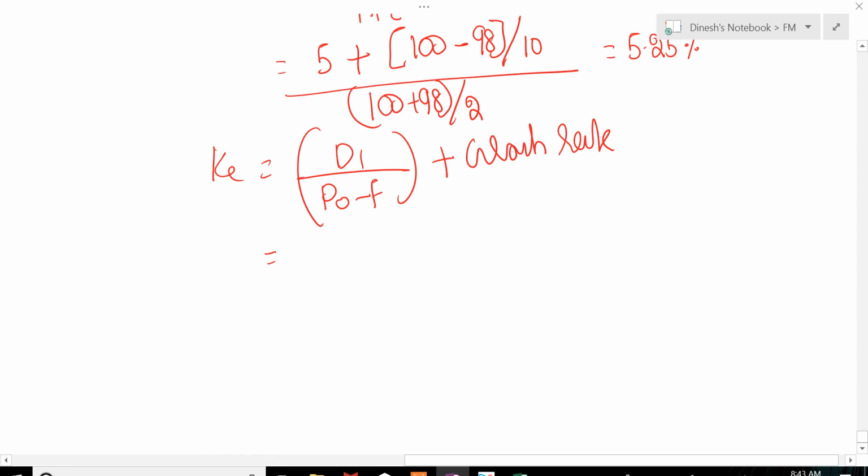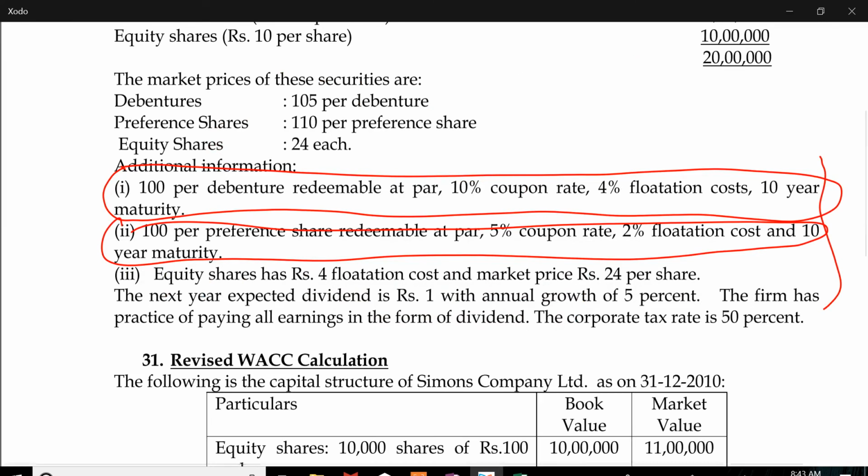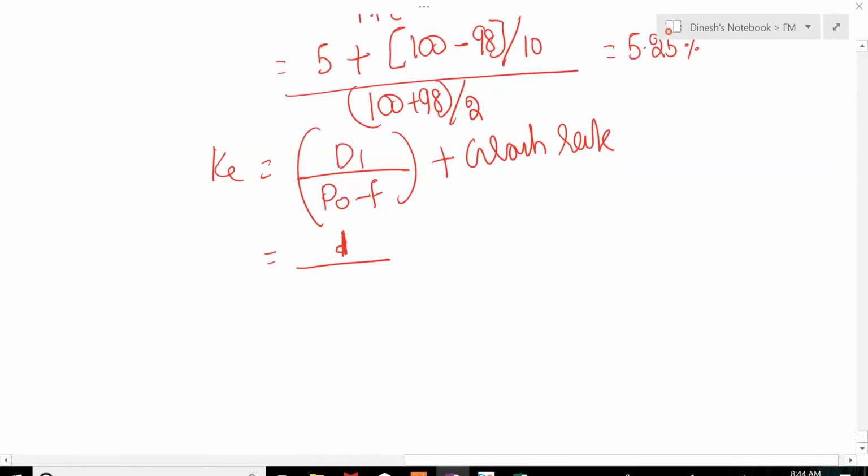What is the next expected dividend? The next year expected dividend is 1 with an annual growth. Now listen, coming to P0, do you have issue price in the question somewhere? If issue price is there, you take that, otherwise we move to current market price.